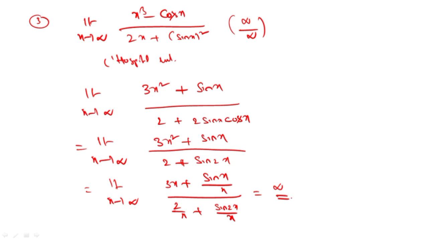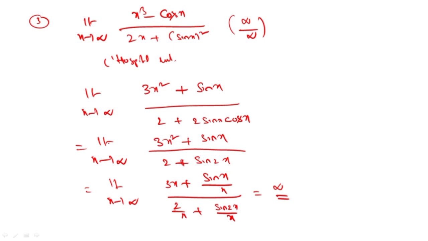Same thing, you will get infinity. So if you get a finite value, that will be the limit. If you are unable to get a finite value, it means the limit is undefined, the limit is undefined, okay.